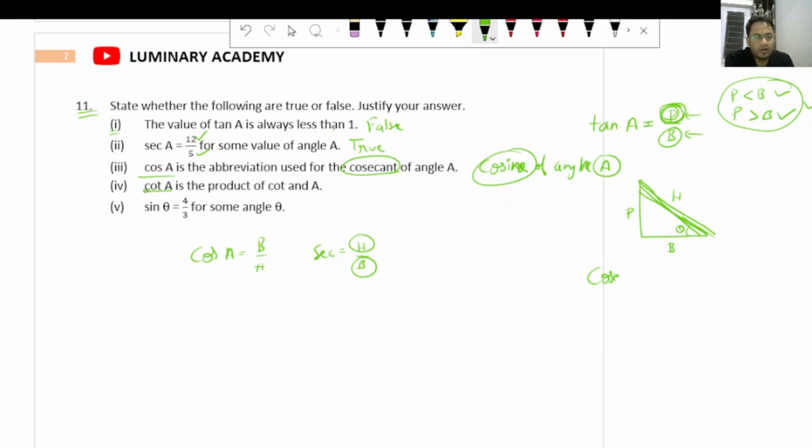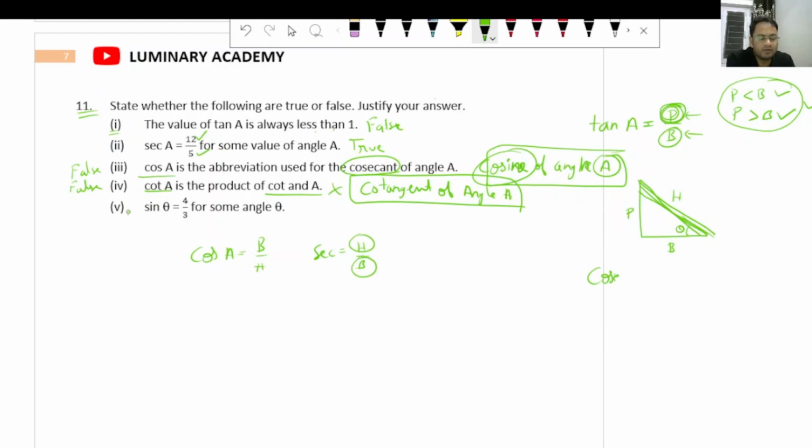Now cot A is a product of cot into A, that is wrong. It is cotangent of angle A. So the word cotangent of angle A will come here, and cosine of angle A will come here. Okay, both of these are false.